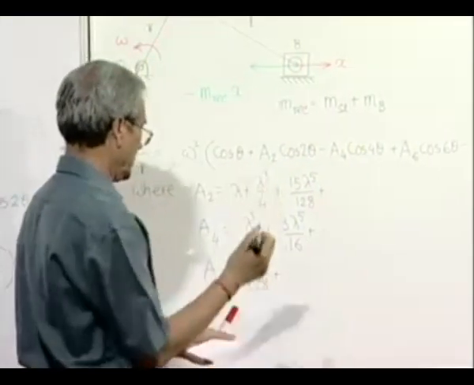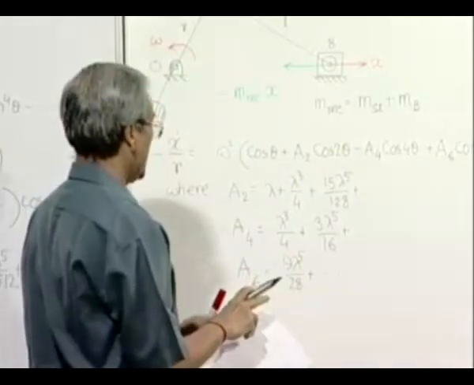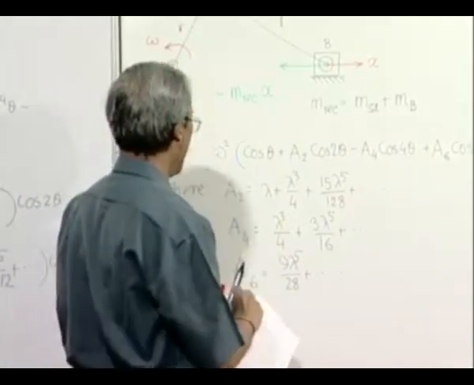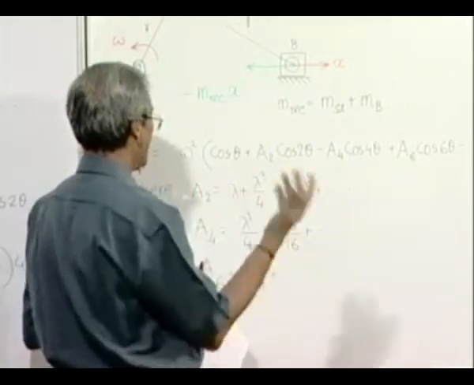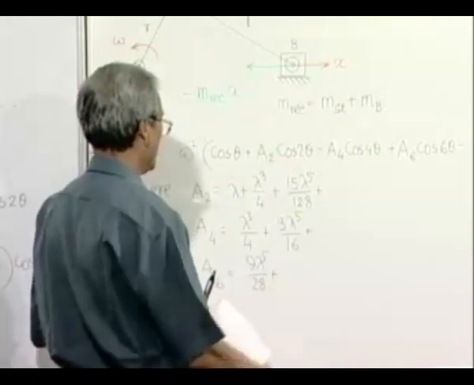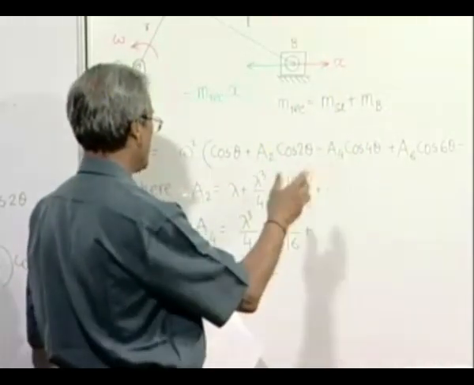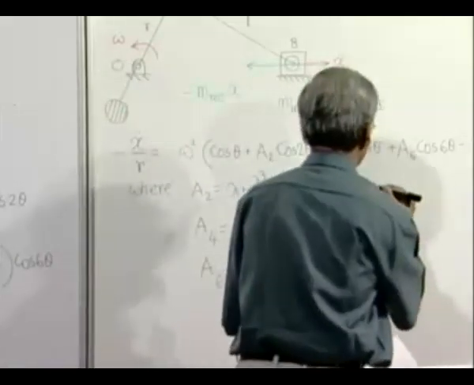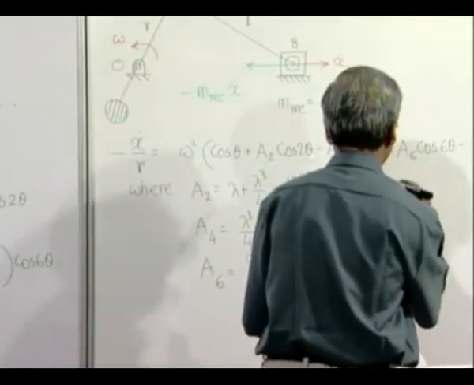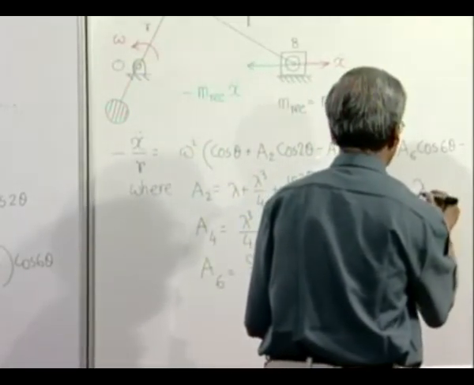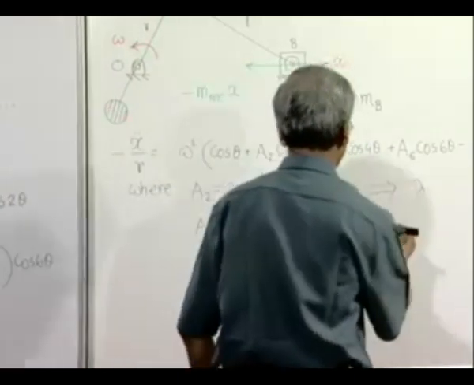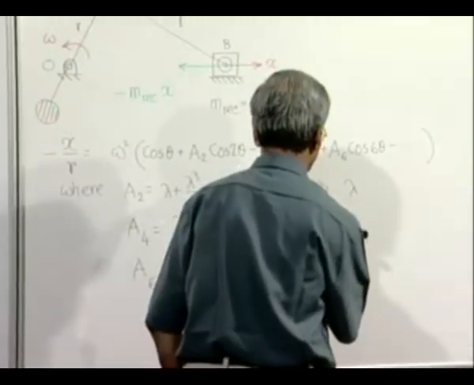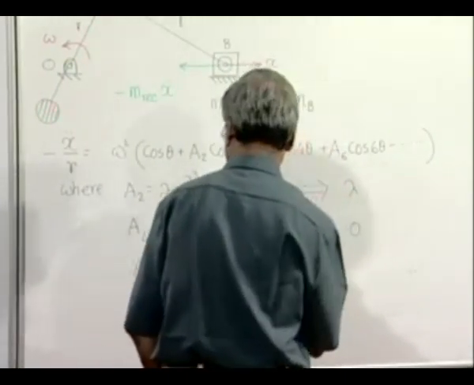The moment we are considering only up to, at the most, lambda square, but lambda square is not here, and we ignore from lambda cube onwards, then A2 is equal to lambda. So, this then becomes simply lambda. A4 obviously then becomes 0.